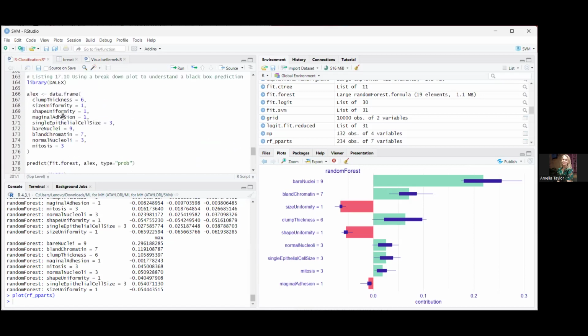Well, if you look at the actual values for the patient that we had, those are the observations, basically the values for the variables for that patient. So this patient had value 9 for bare nuclei and so on. And the actual bars on the chart give you the contribution.